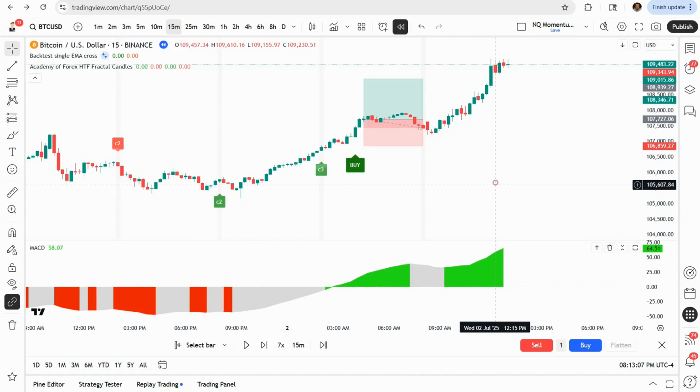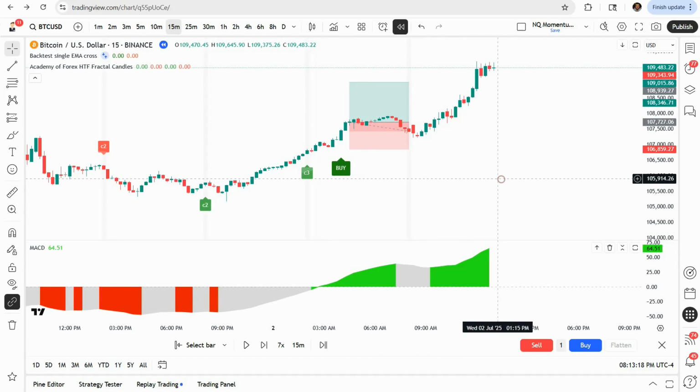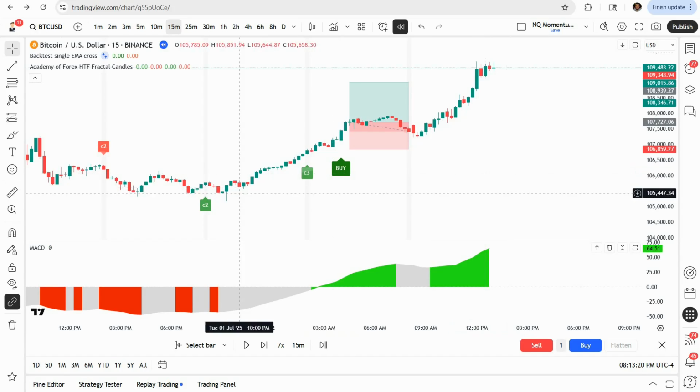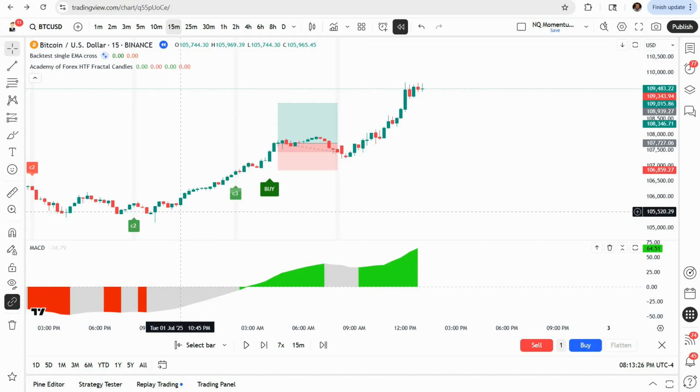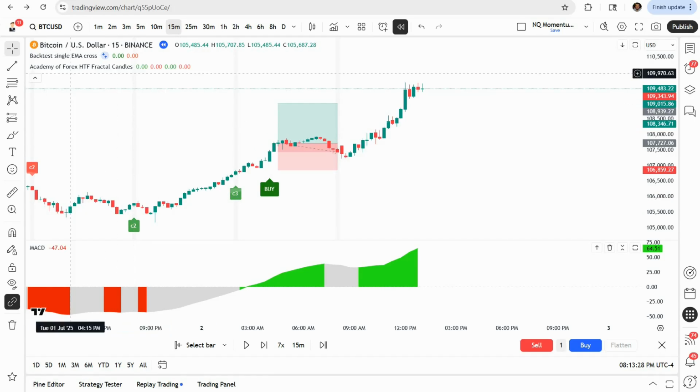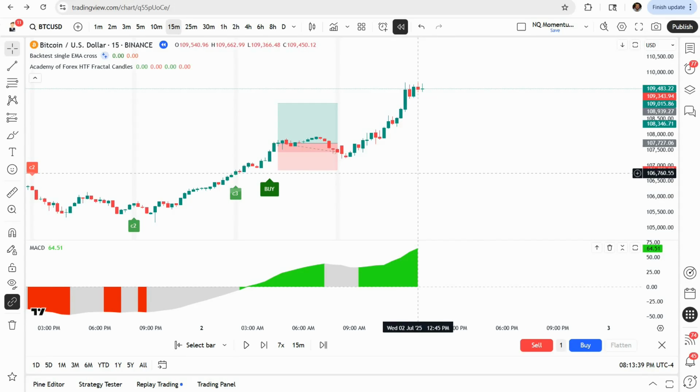Now, just as an example to show how beneficial our new fractal candles indicator is, I've added it to the screen and I ran the same testing during the same period of time to see what kind of results we could get out of this strategy if we incorporated the new Academy of Forex higher time frame fractal candles. And during the same period of time, we did 30 trades altogether. We had 16 winning trades and 14 losing trades. It's going to put it at a 54% win rate.